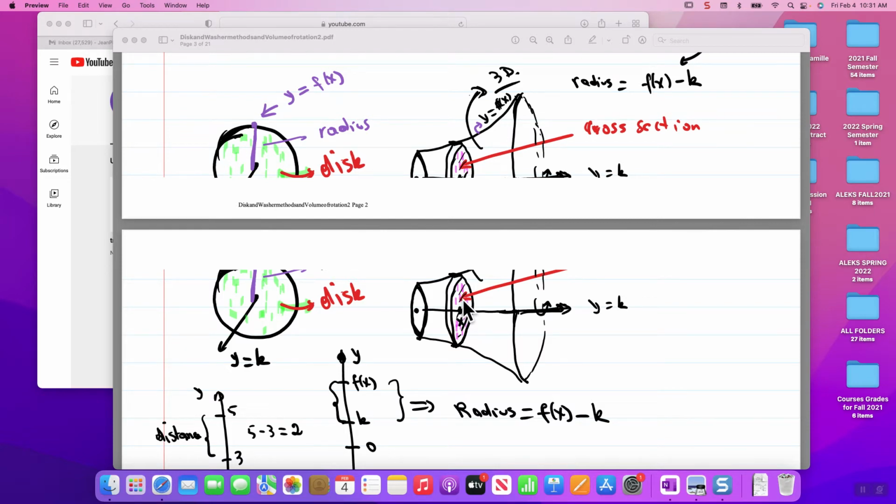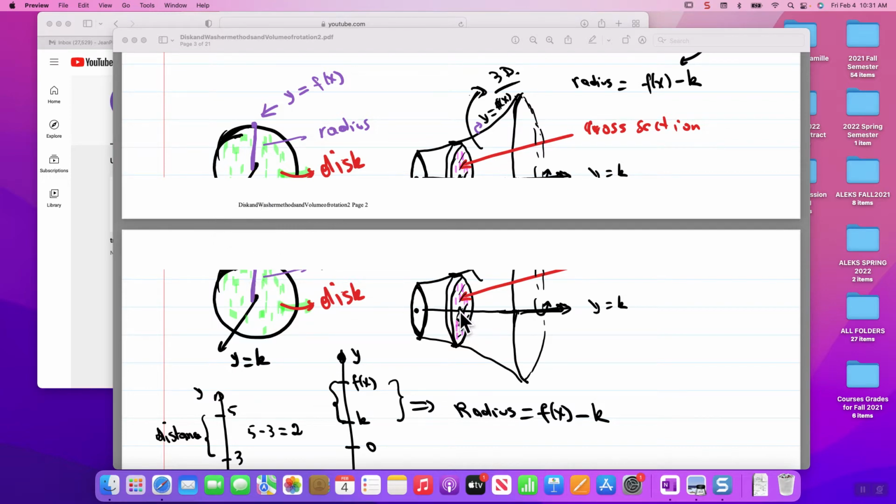When you look at the cross section, it's like the side view here. You're going to see a circle or a disc. This disc is what I copied here, which was split by the PDF.